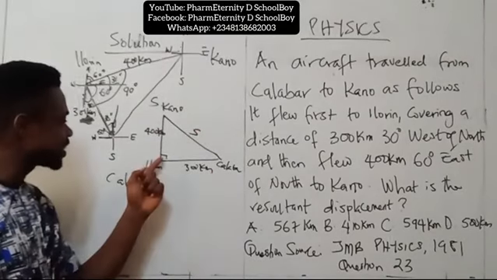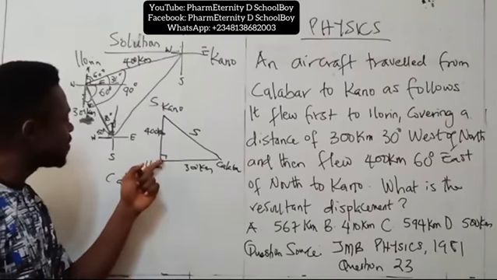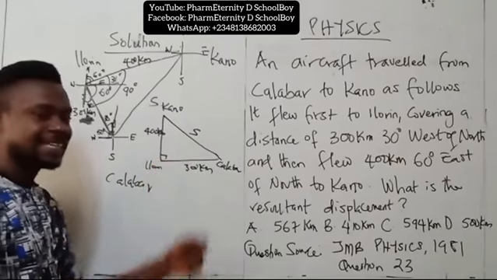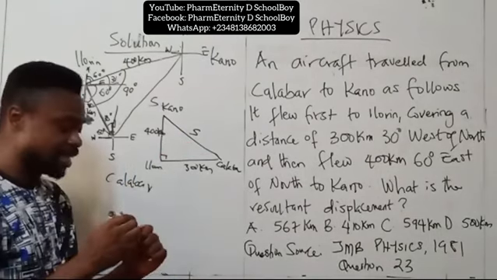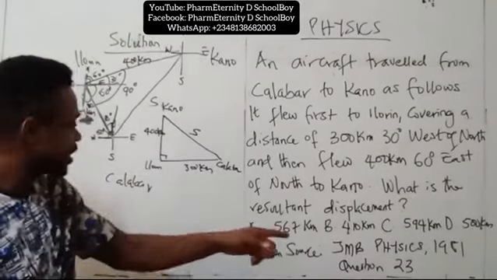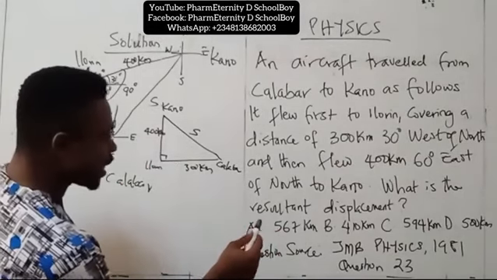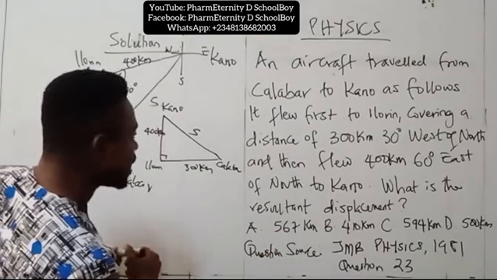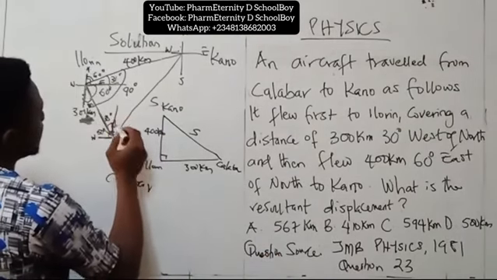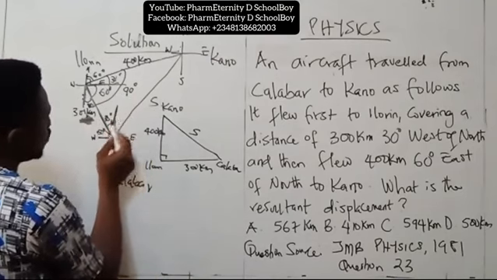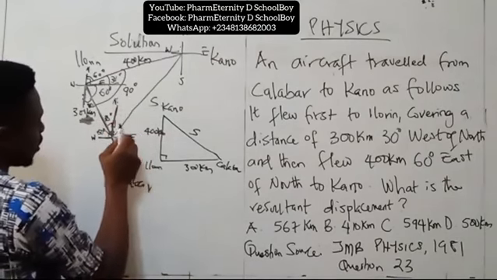Because this is a right-angled triangle, how do we now find this displacement, the resultant displacement? They have only given us the direction of the displacement, which falls between northeast, or east of north.